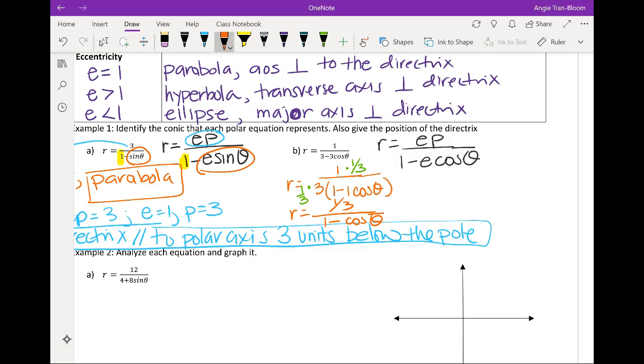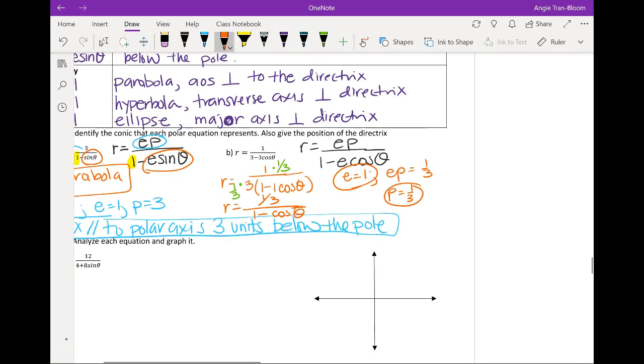All right. So R equals, on the numerator, 1/3 divided by 1 minus cosine of theta. We need to find E. What's E? 1. So E equals 1. On the numerator, E times P equals 1/3. That means if E is 1, what's P? 1/3. This allows us to state where the directrix would be from the pole.